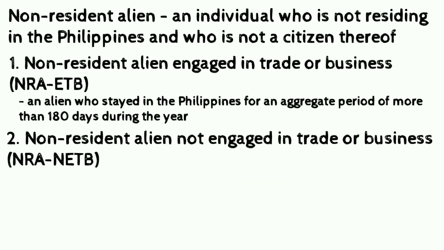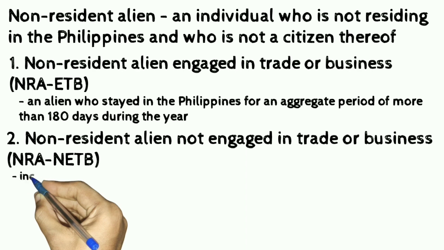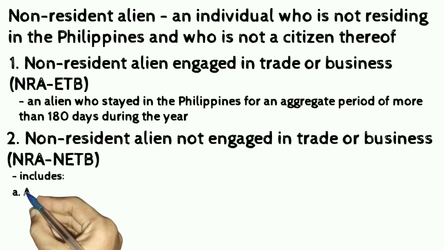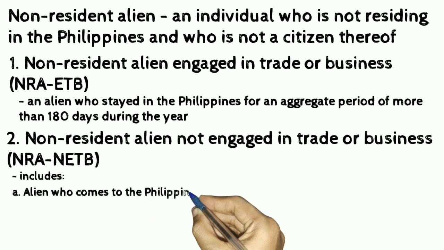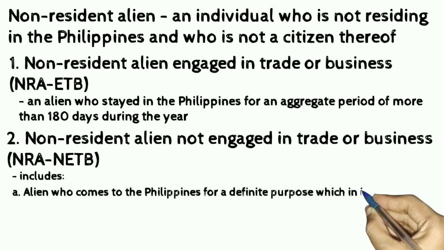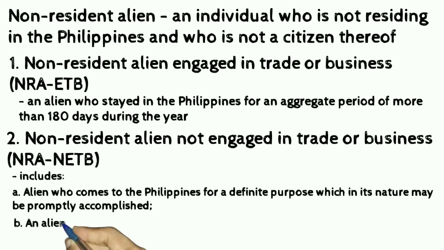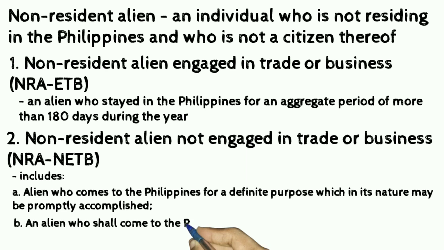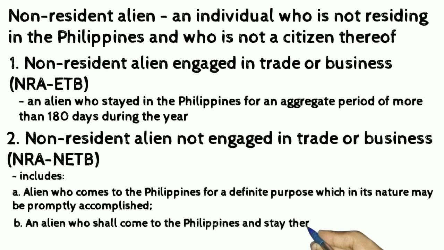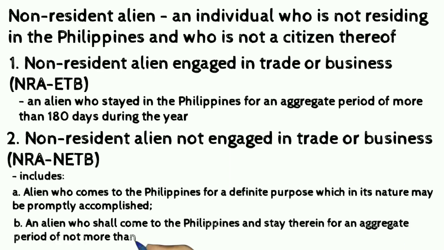Ang ibig sabihin niyan, nandito yung alien ng mahigit 180 days sa Pilipinas. Aggregate period means tuloy-tuloy. Non-resident alien not engaged in business includes an alien who comes to the Philippines for a definite purpose, which in its nature may be promptly accomplished, and an alien who shall come to the Philippines and stay therein for an aggregate period of not more than 180 days during the year.